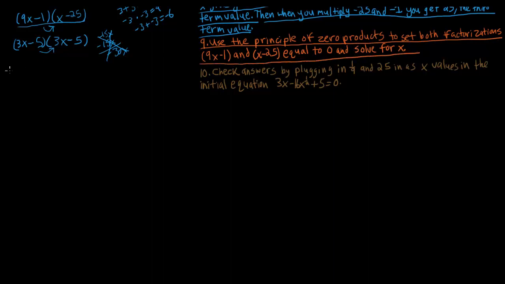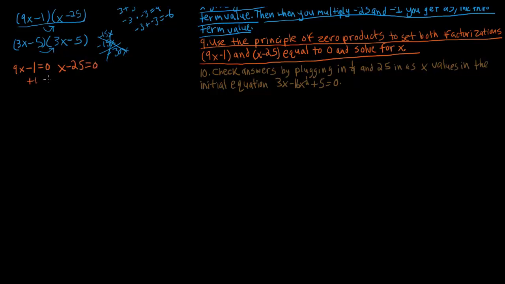So we can just set 9x minus 1 equal to 0 and x minus 25 equal to 0, and just solve for x.